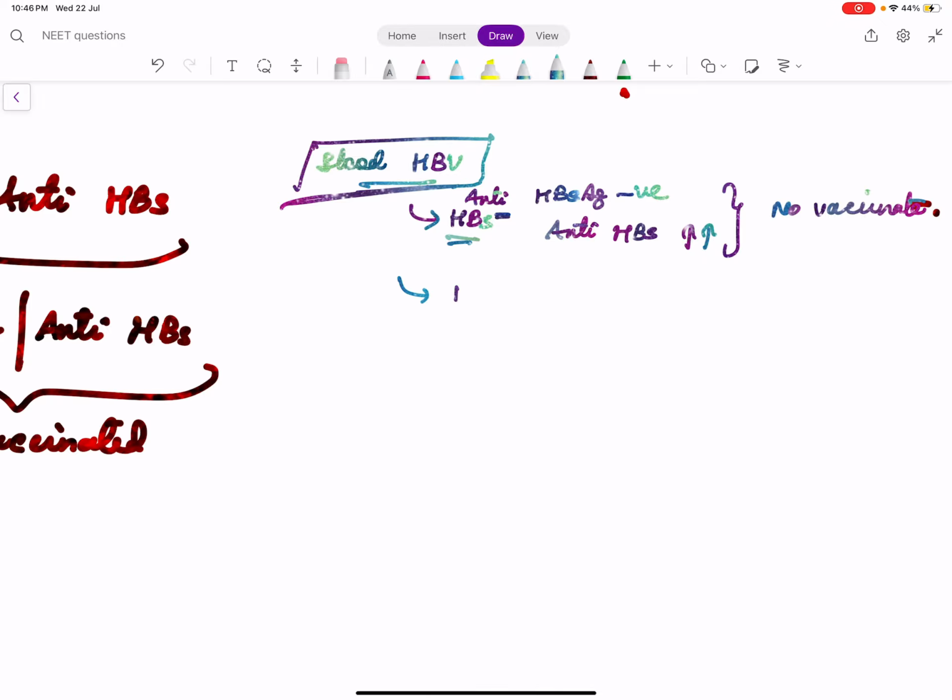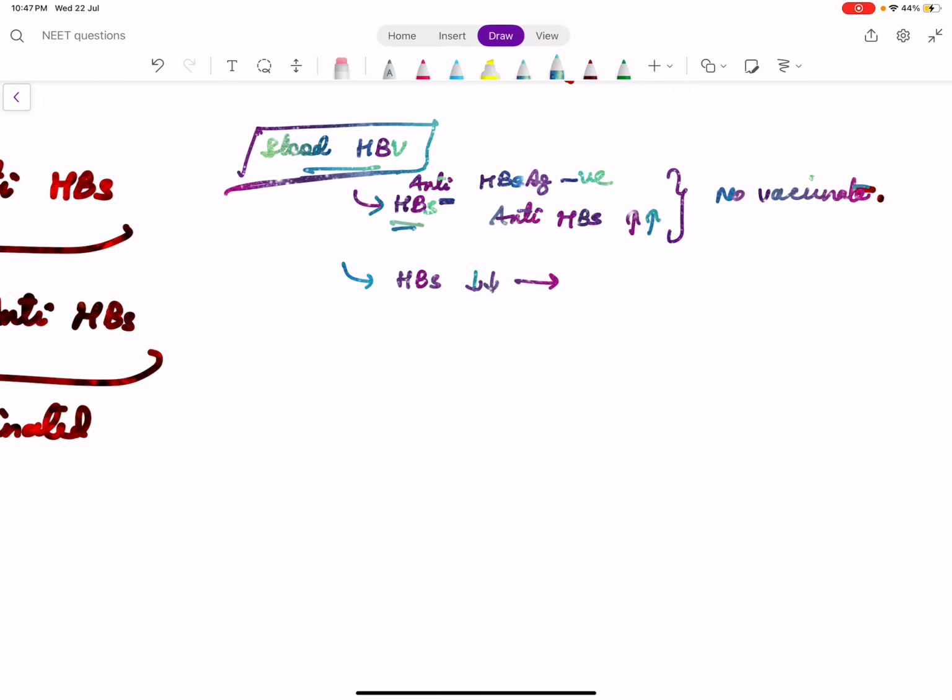Suppose your anti-HBs titer is low, you are not previously vaccinated, means you are having the chance of getting infected. Even if you are vaccinated, always it is good to check your anti-HBs levels after a prick, because sometimes anti-HBs levels may come down with waning immunity. So just because you are vaccinated with hepatitis B doesn't mean that you have adequate immunity.